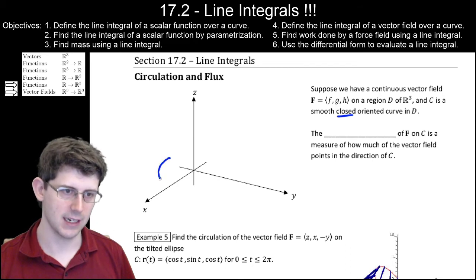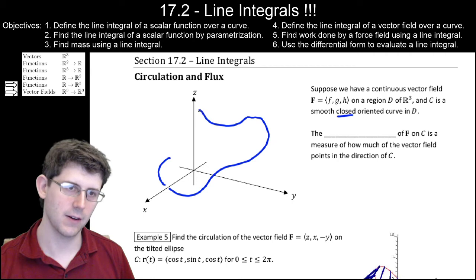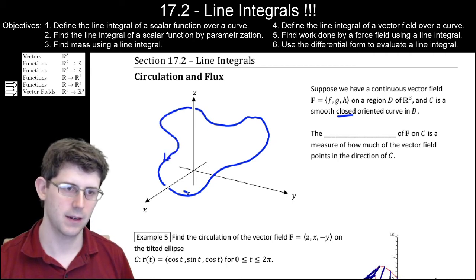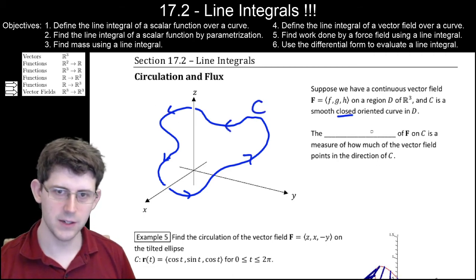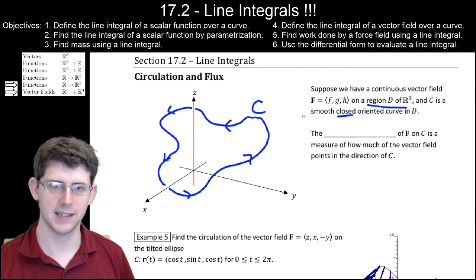So we'll say it goes under the x-axis and over the y-axis and then over here and behind the z-axis and back down. So say you have a smooth closed oriented curve C in D. D is the region where the vector field makes sense. I don't know why we've named D here.